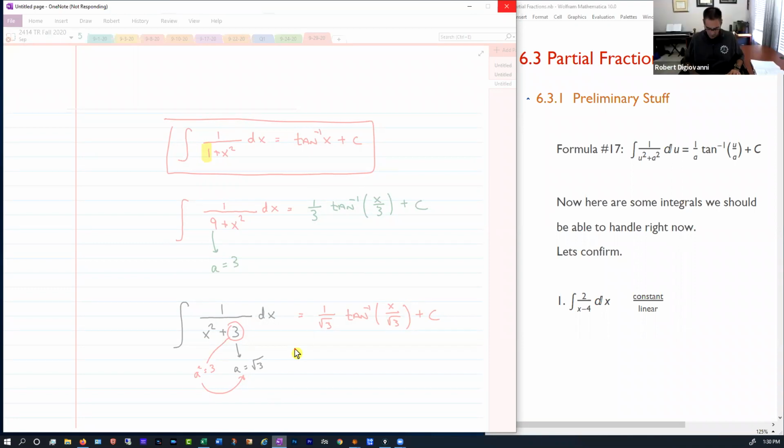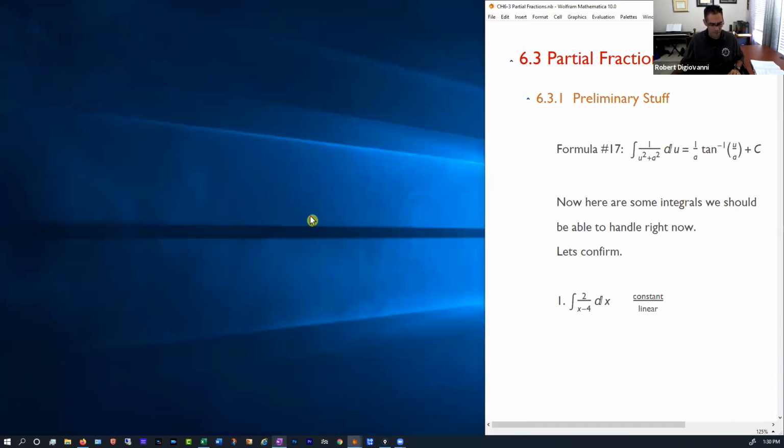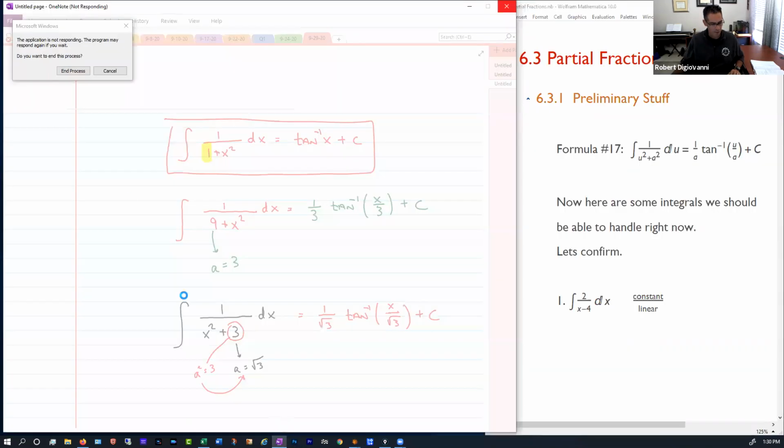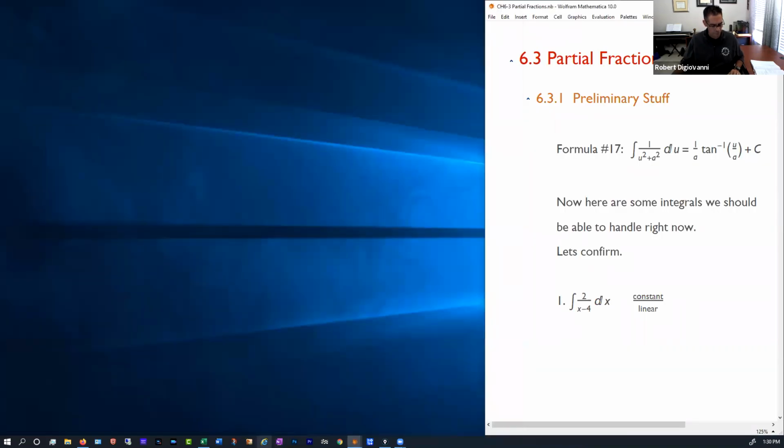I can't do that. This keyboard is messed up. Hold on. I'm going to end it. I'm not sure what happened with OneNote there, but we'll try and reopen it. In the meantime, y'all doing okay?